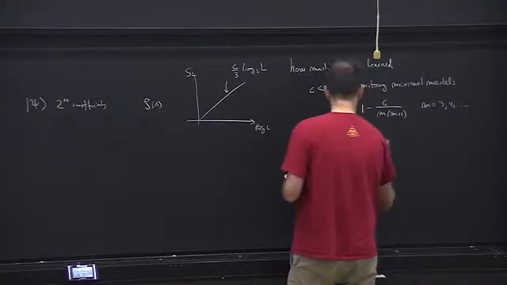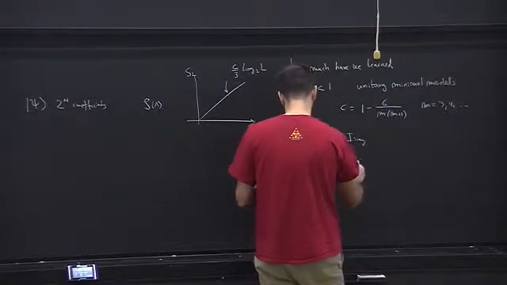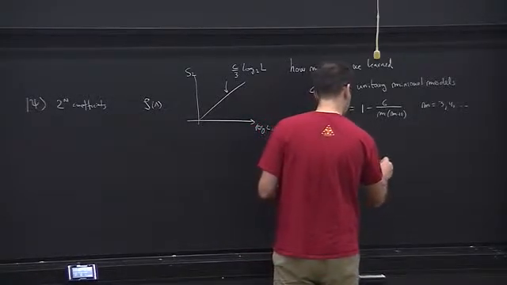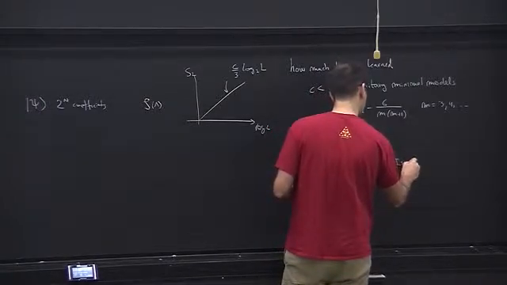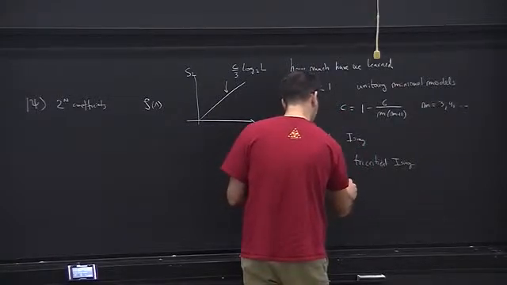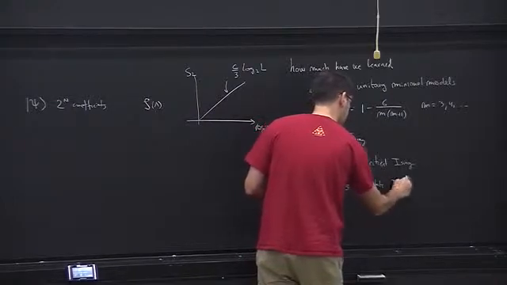It's the Ising model. The next one is c equal to 7/10, and this is the tricritical Ising model. The next one is c equal to 4/5, and it's the three-state Potts model, and so on.